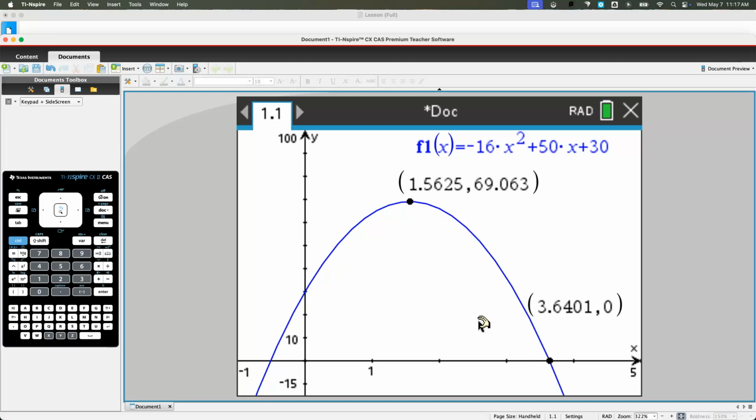Okay, so we launch it 30 feet in the air, we throw it up, it goes up, it hits its maximum height of 69.06 feet after 1.56 seconds, then it starts to come down, and it lands on the ground after 3.64 seconds. Okay?